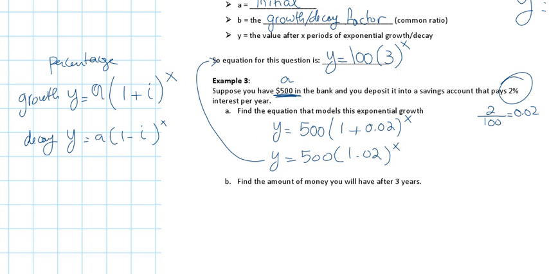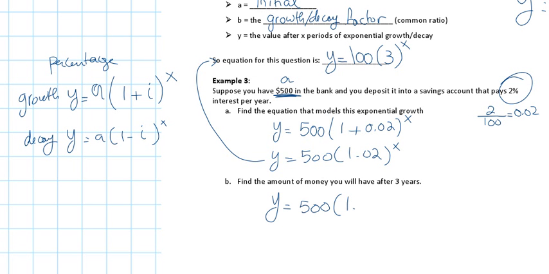Find the amount of money you will have after 3 years. How would you do that? You would make x equal to 3. That's right. You have an x here, so y equals 500 times 1.02 to the power of 3.